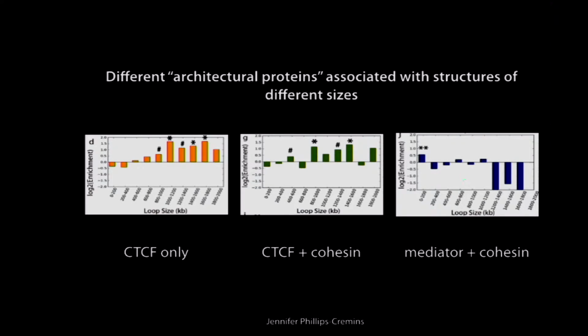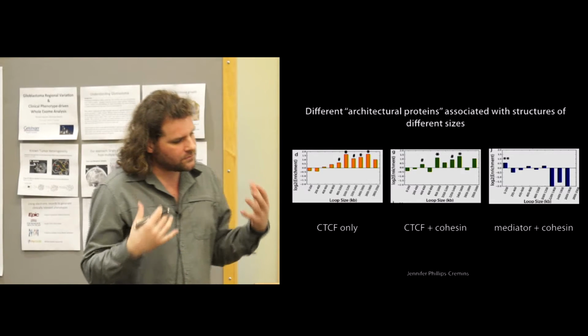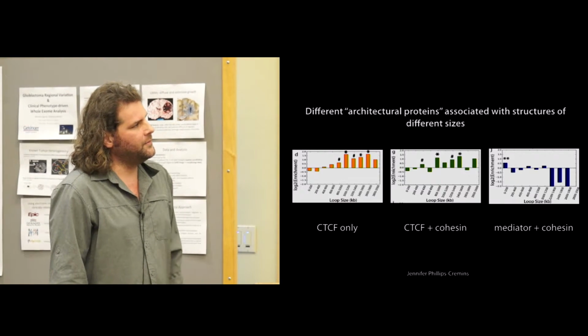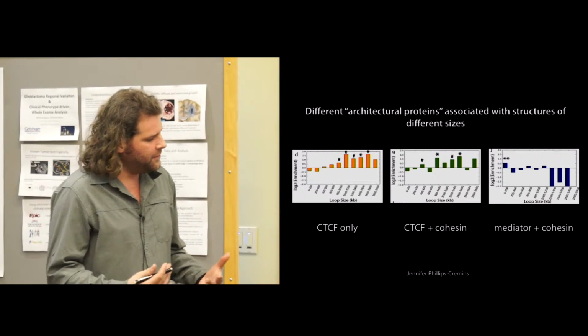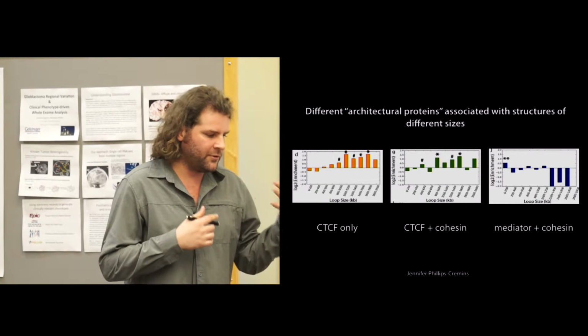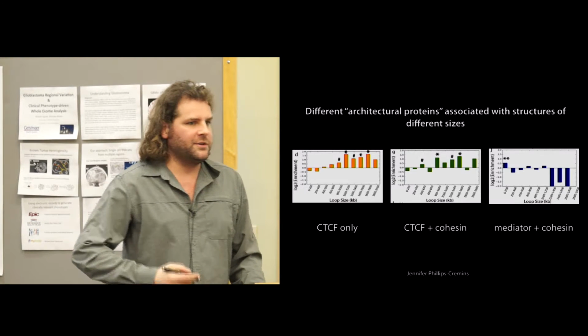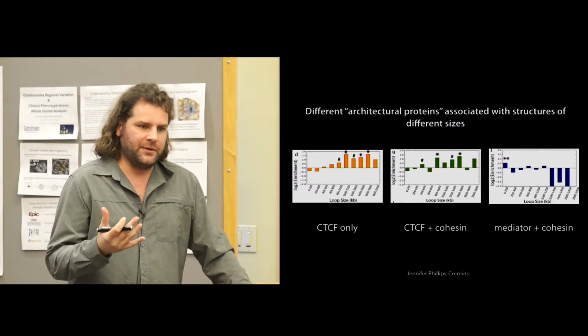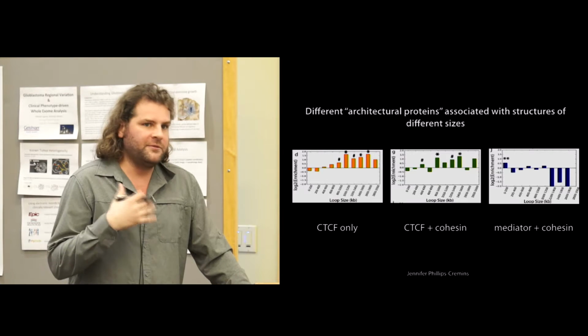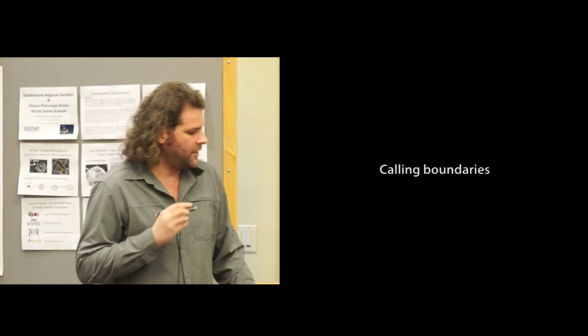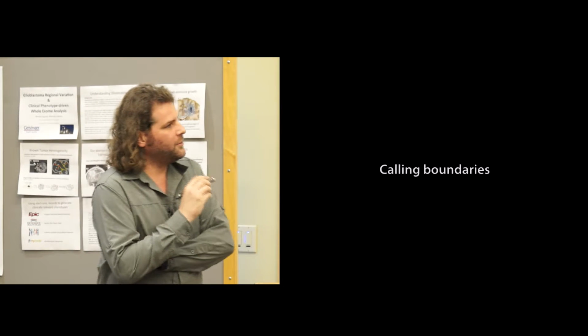And then at the smaller loops, we find this mediator cohesin structure that's very depleted at the long range and very enriched at the short range. So I would argue that there are definitely different structural characteristics at different length scales, and especially in terms of cell type specificity of structure.